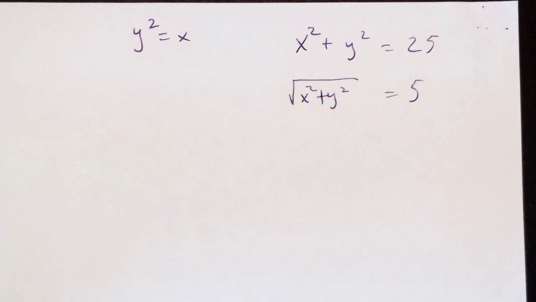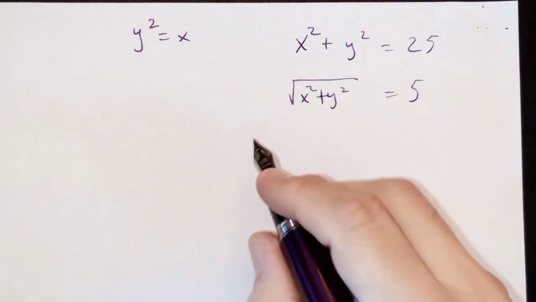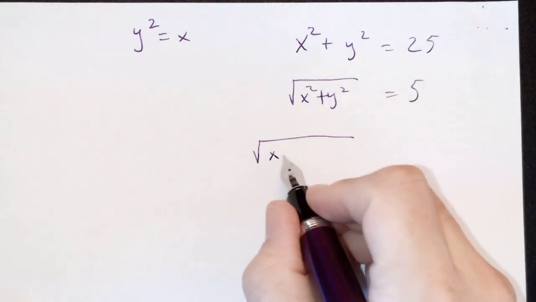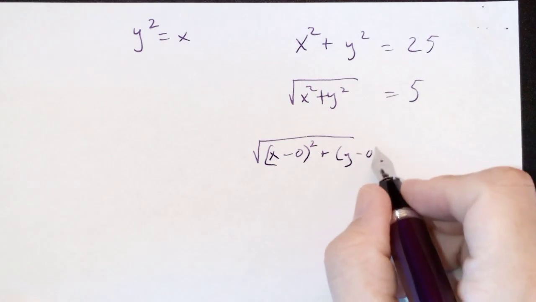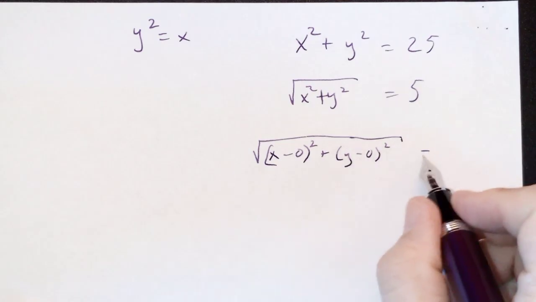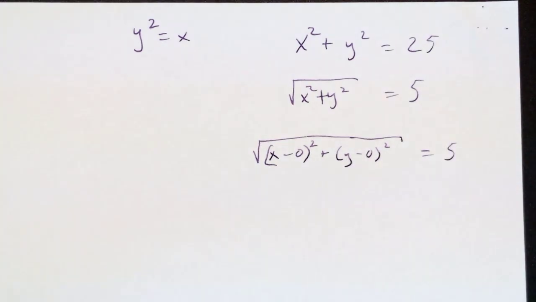I don't have one x and y up there. That's a distance setup. That's telling me the distance between my point x, y, and the point 0, 0 is 5.